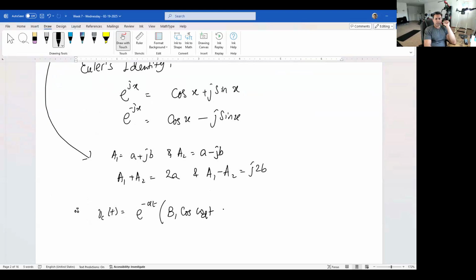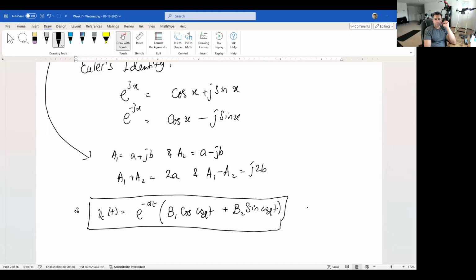And j(A1 minus A2), we just call it B2, whatever the values are going to be for B1 and B2. And that is the natural response of underdamped circuits, capacitor voltage.